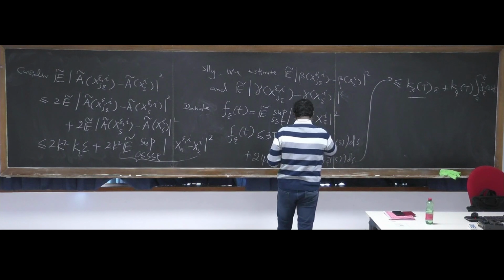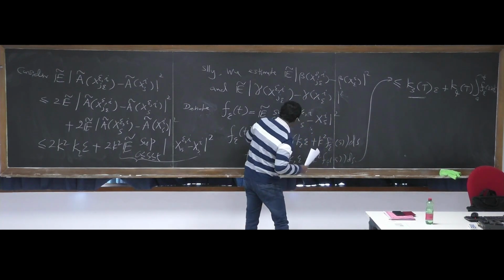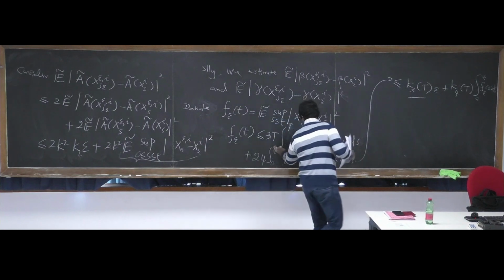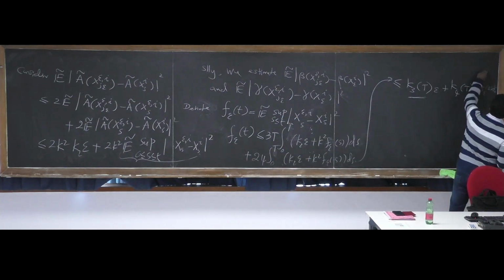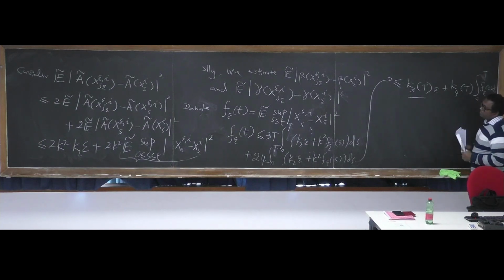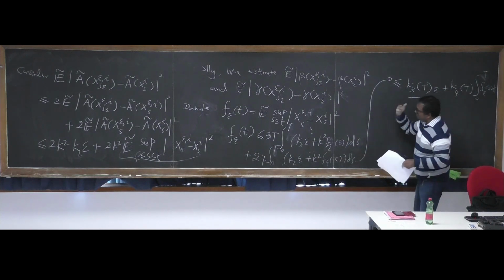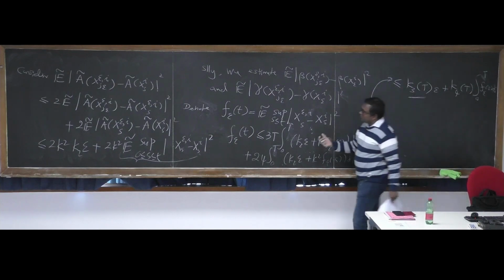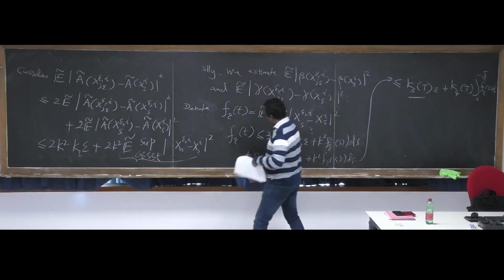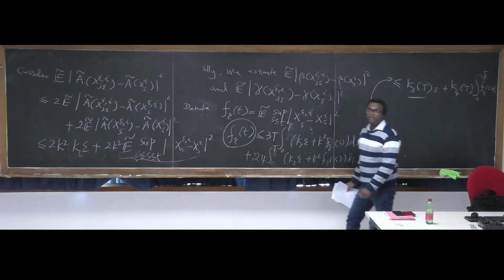I mean, you can just replace this one with capital T also. Don't worry. Okay. Then what would you get? You are in a position to apply Gronwall's inequality to bound this guy.